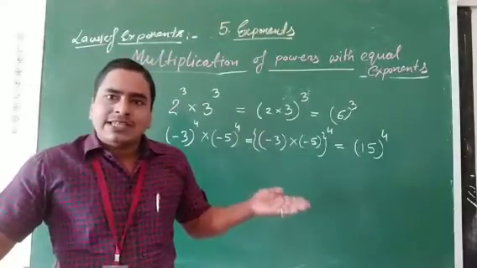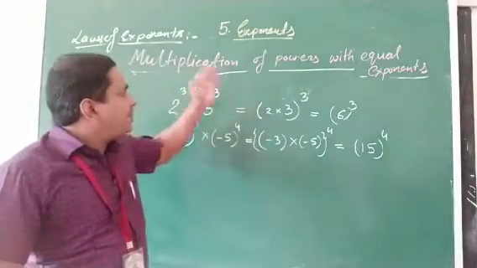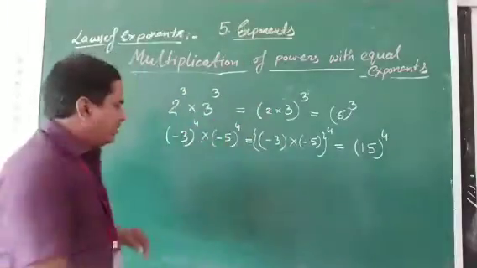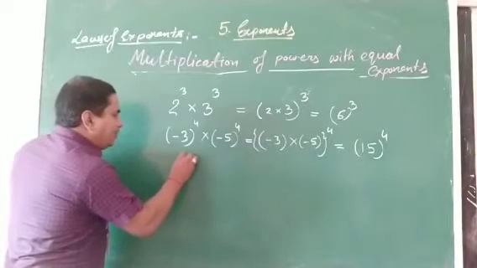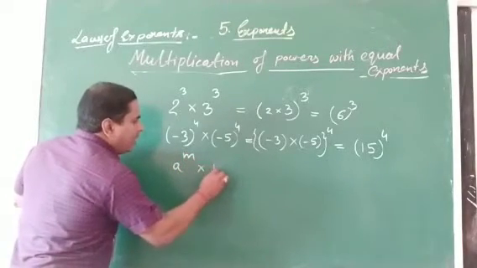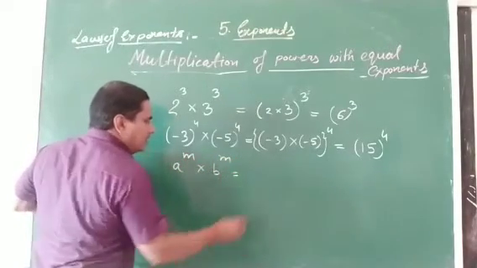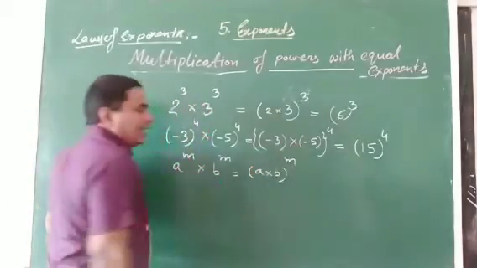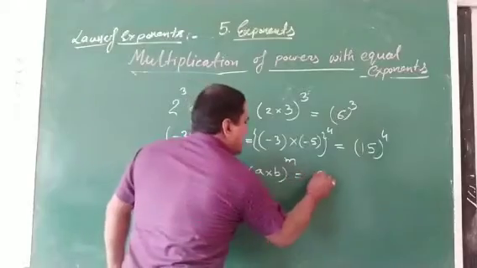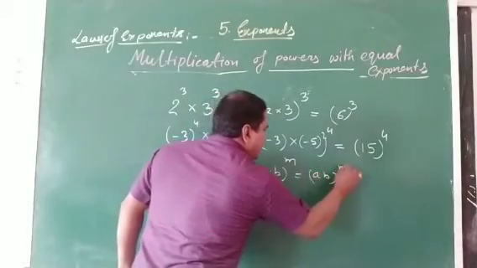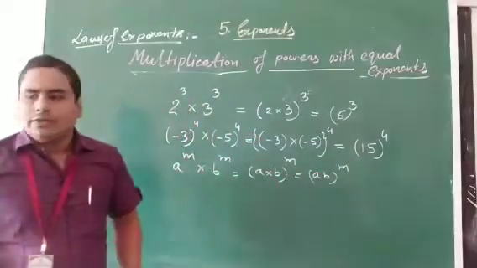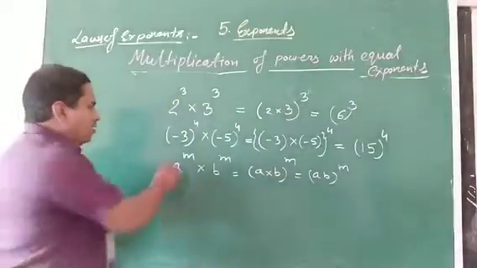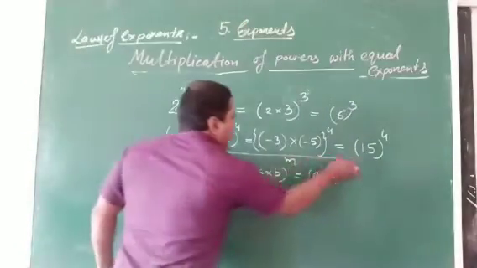So we can generalize this rule, multiplication of powers with equal exponents, as: a to the power m into b to the power m is equal to a cross b to the whole power m. Either you can write this as ab to the whole power m. Okay, clear? So this is the law or rule.